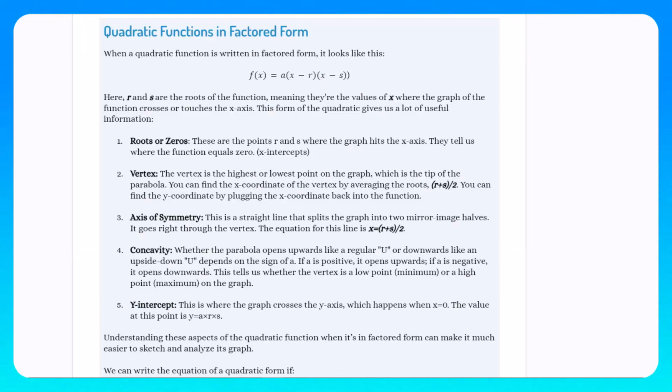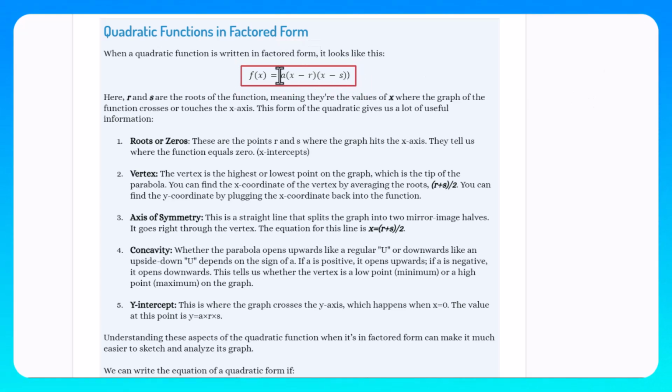So let's look at a different form that's really connected to the standard form and the vertex form, and that's the factored form. In a factored form, it can be written like this right here. Oops, that didn't go over where it will. There we go.